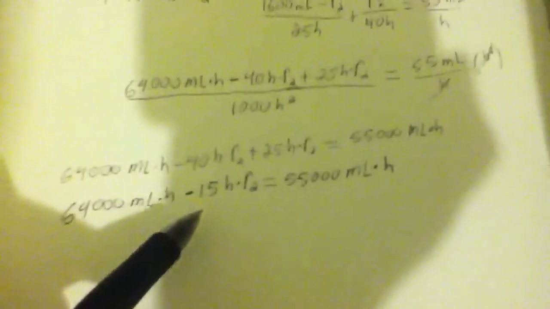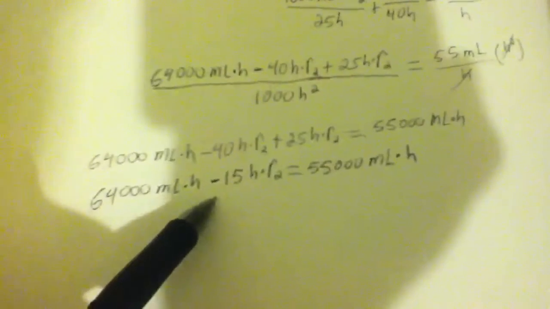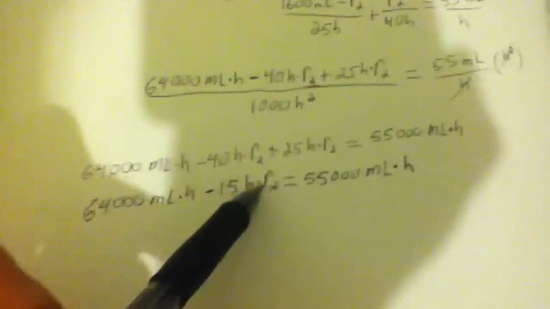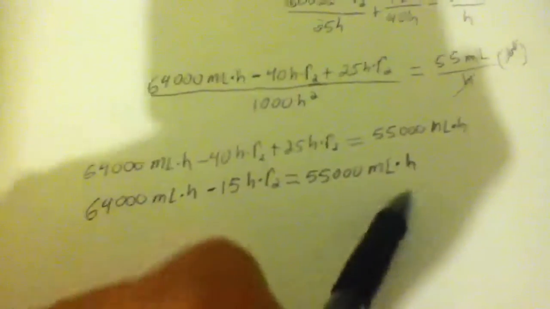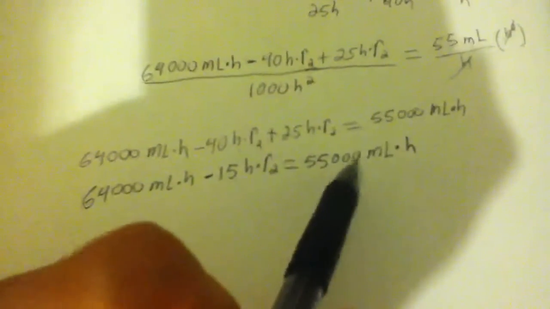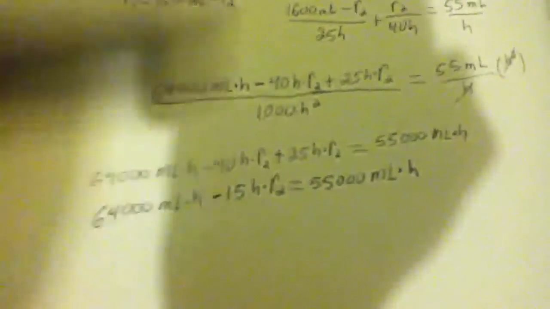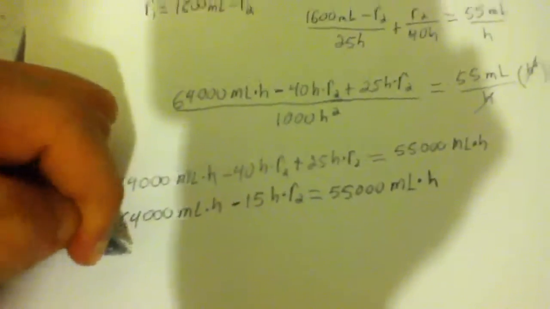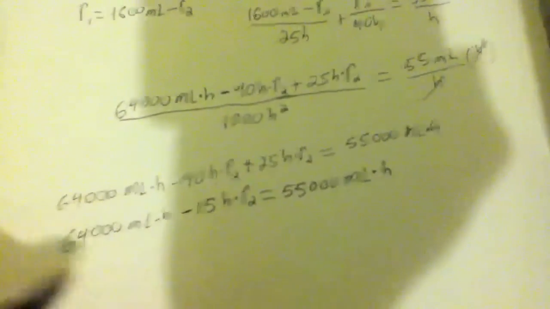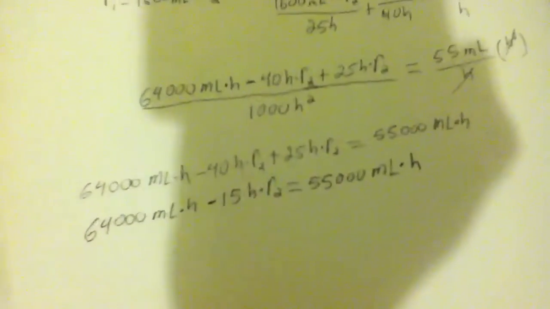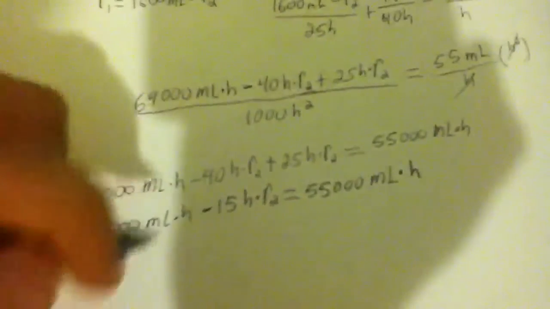Okay, so now we can solve for R2 in just a few steps. If we add 15hR2 to both sides, and then we subtract 55,000 milliliters times hours from both sides, we get R2. So 64,000 minus 55,000 is 9,000.